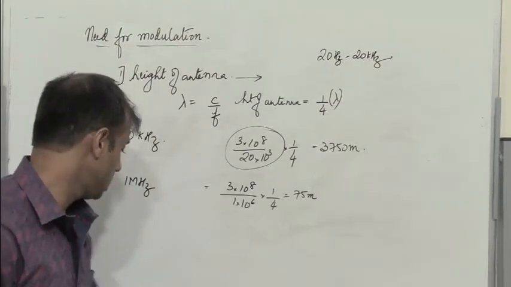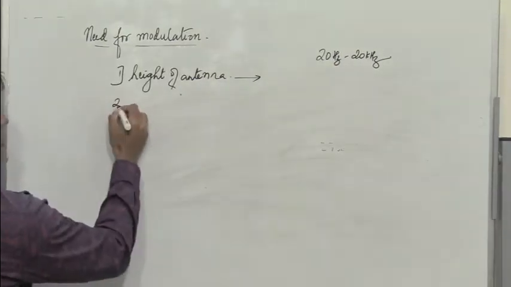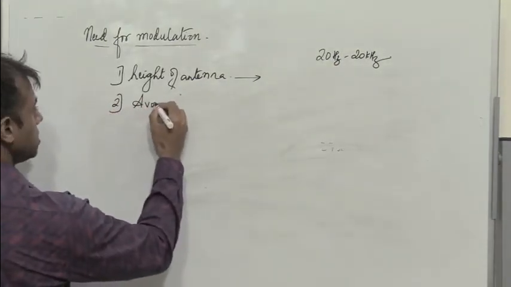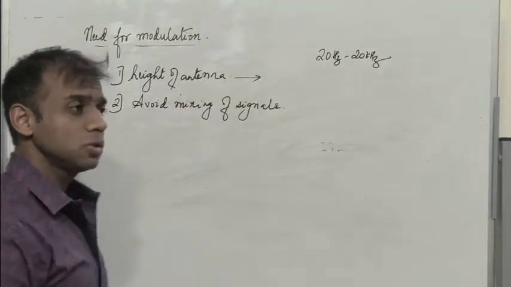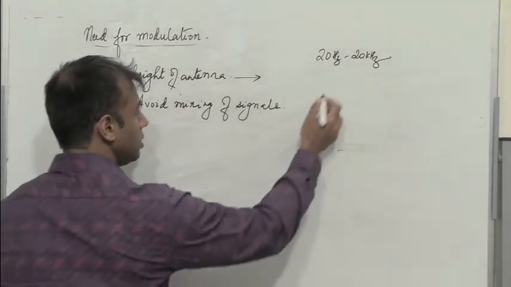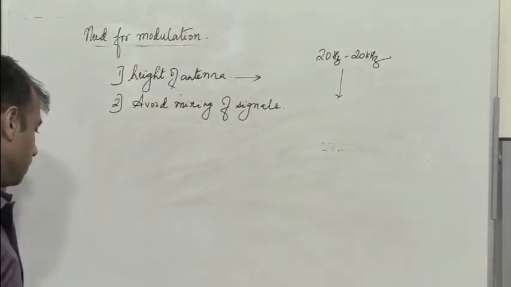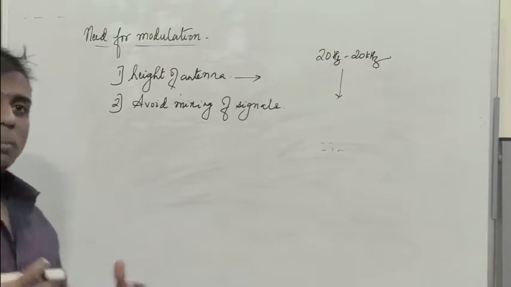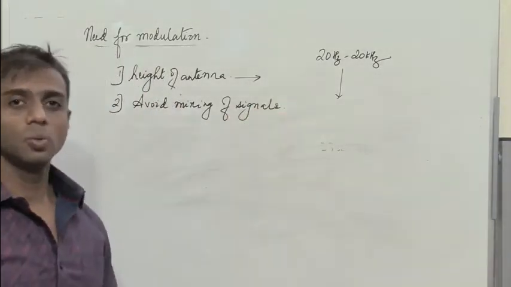The second advantage is to avoid mixing of signals. Most of the signals lie in this range, 20 Hertz to 20 kilohertz. Therefore, when many signals are being transmitted from various sources in the same range, what happens?